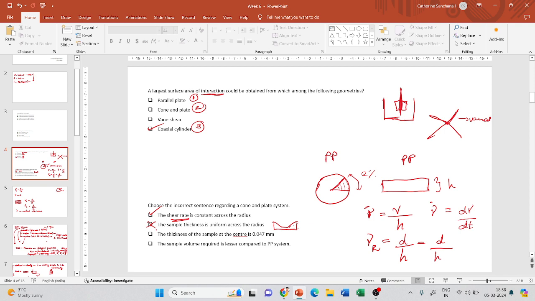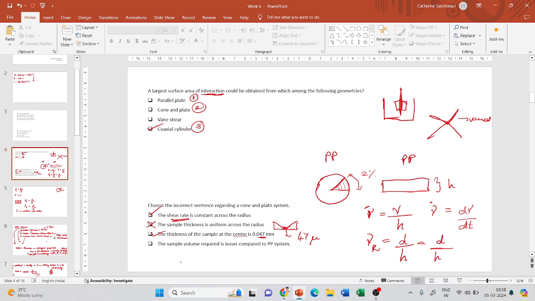The thickness of the sample at the center is 47 microns. I'm not sure if Kala sir has mentioned this, but the sample at the center is very less, of the order of microns, and I told you that it has to remain constant. It is 47 microns, so this is also correct. The sample volume required is lesser compared to the PP system, obviously, right?